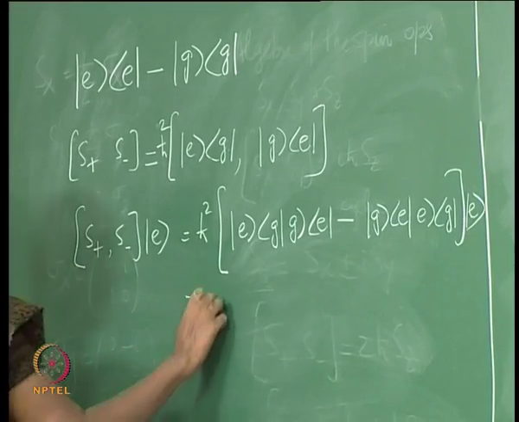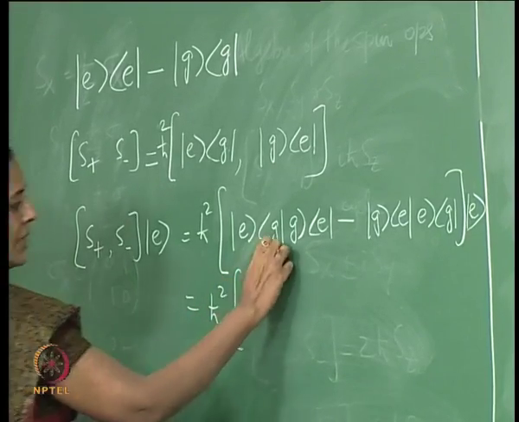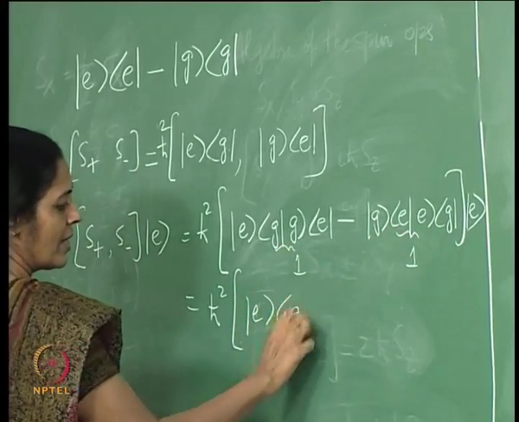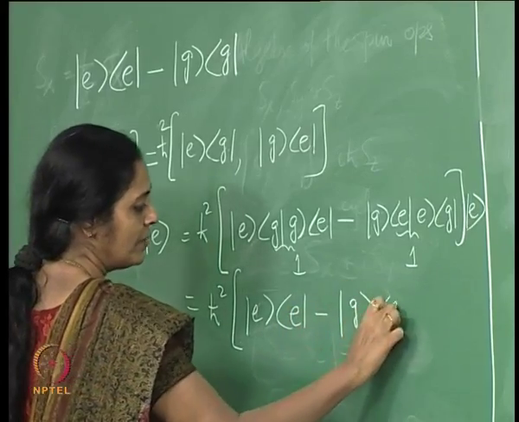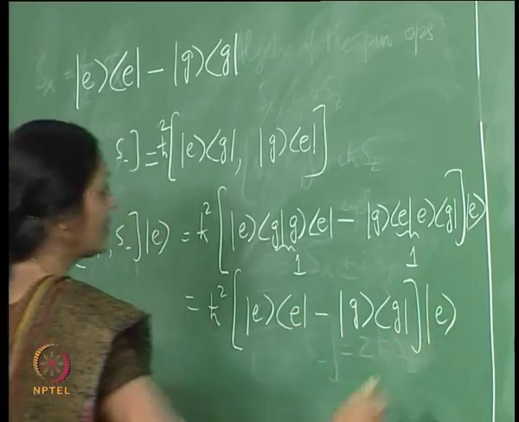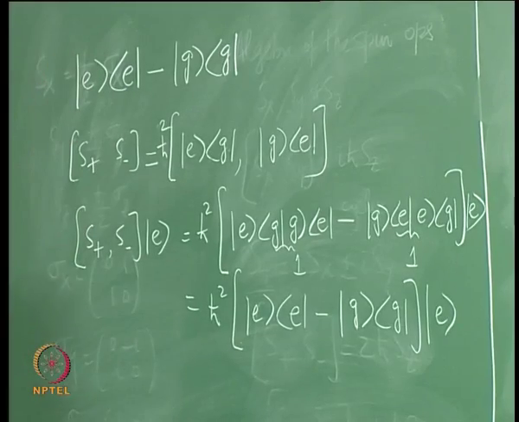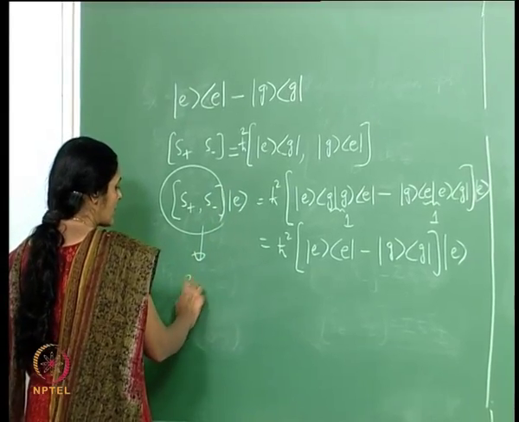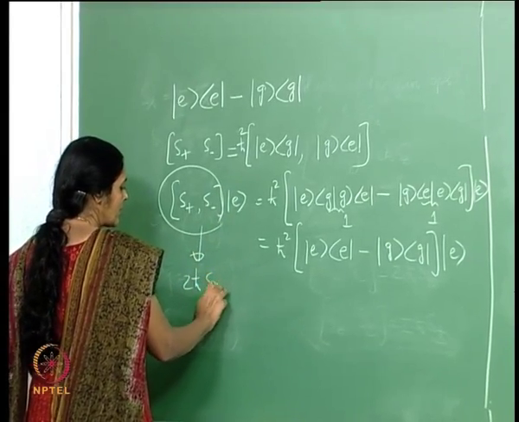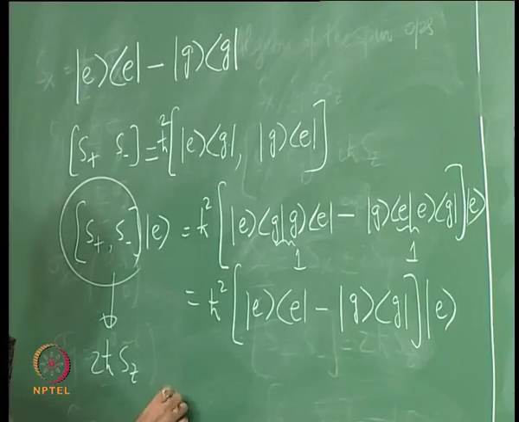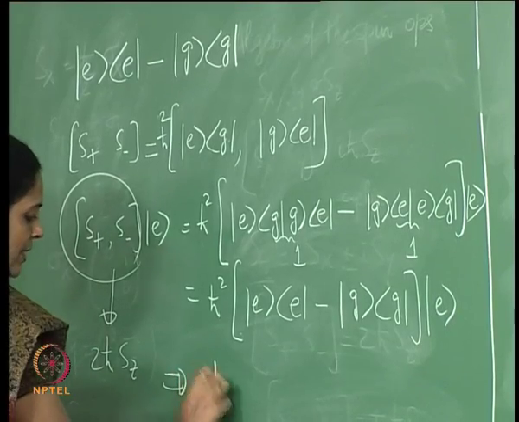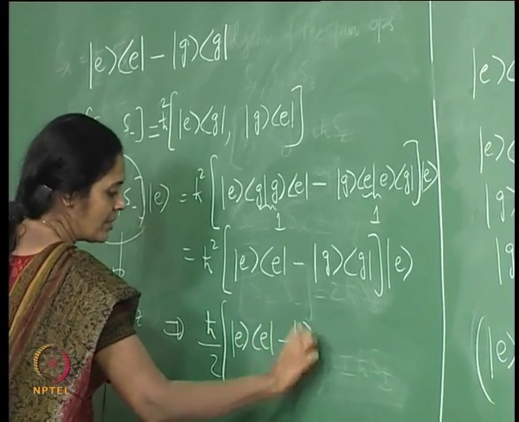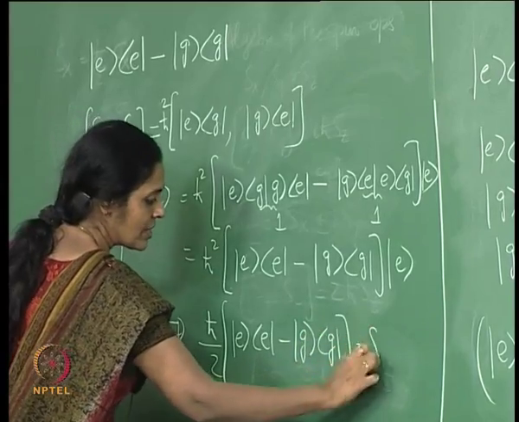If we take a look at this, this is 1, this is 1, and I can write it as |e><e| minus |g><g| acting on ket e. And lo and behold, that's what I was trying to find. But I do know that this commutator of S plus and S minus is 2 H cross Sz. And therefore, I understand that H cross by 2 times |e><e| minus |g><g| is equal to Sz.